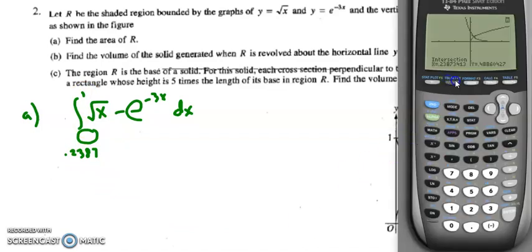So now what I'm going to do is integrate from 0.2387 to 1, and I'm going to do alpha f2, choice 4. You know what, I need to be on my home screen to do this, so let's go back to the home screen, alpha f2, choice 4, and I'm going to go from 0.2387 up through 1, and I need y1 minus y4.